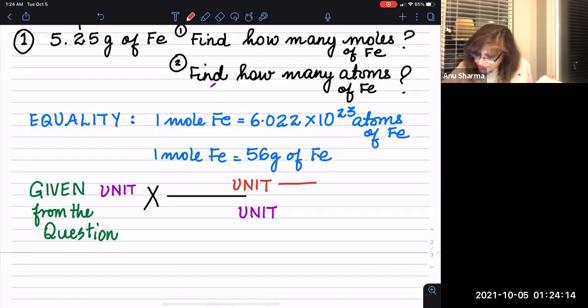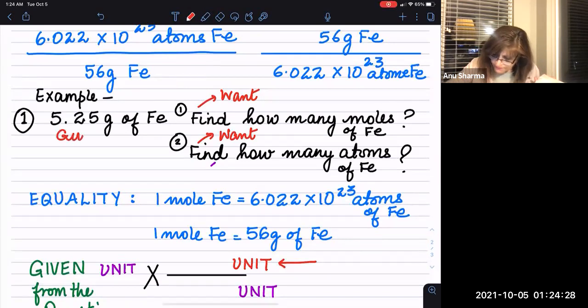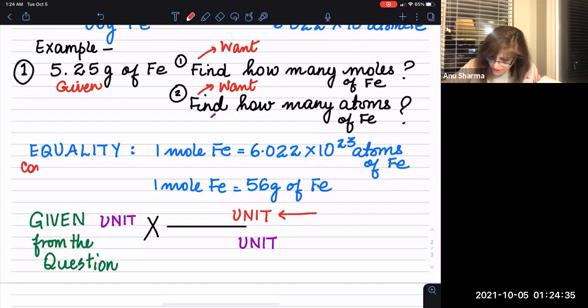So these are the wants. These are what you want to find, which is why you set up the problems like that. This is your given, and the conversion factors come from the equalities.